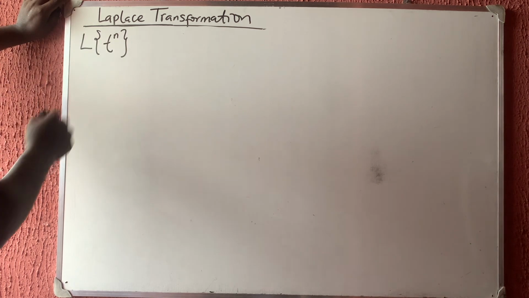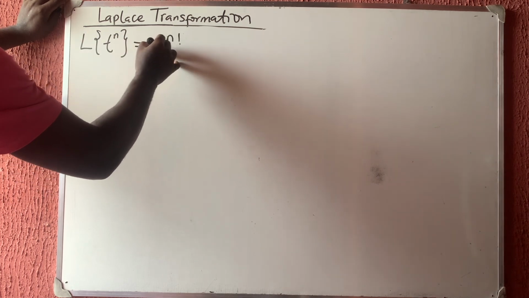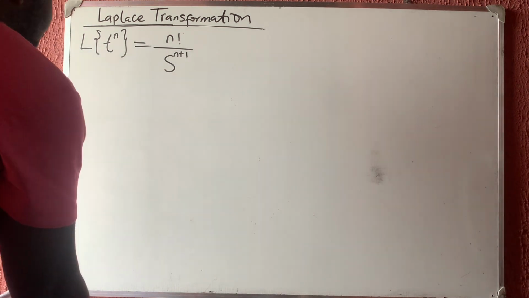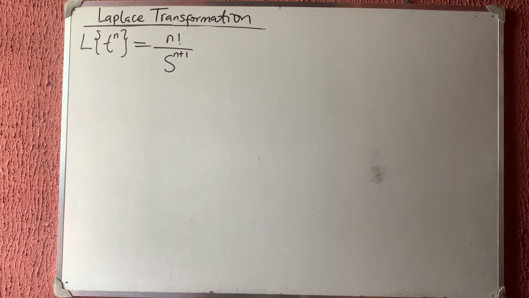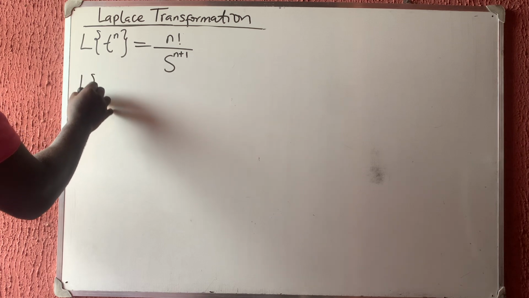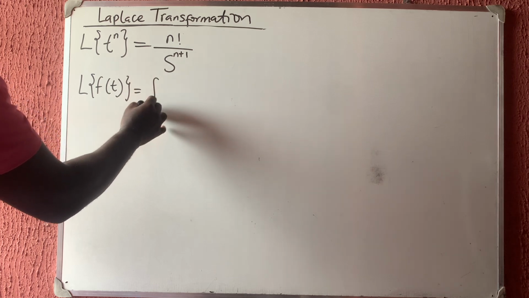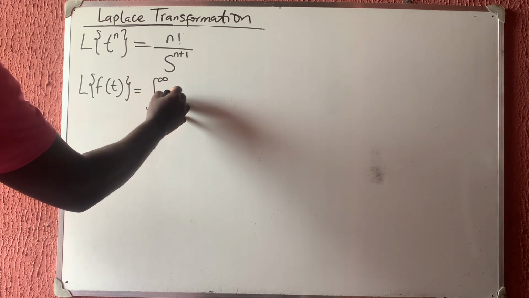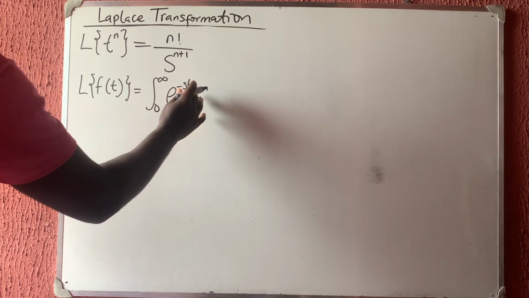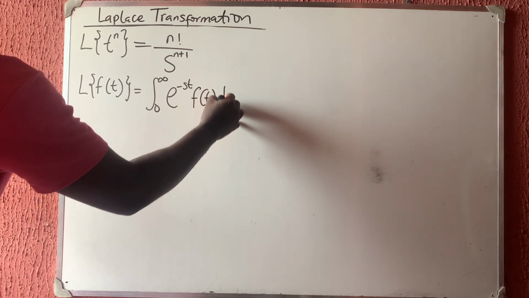Or let us prove that the Laplace transformation of t raised to power n is equal to n factorial all over s raised to power n plus 1. Now, to prove this is very simple. We know that the Laplace transformation of any function of t is equal to the integral from 0 to infinity of e raised to power minus st, then f of t, that function, then dt.